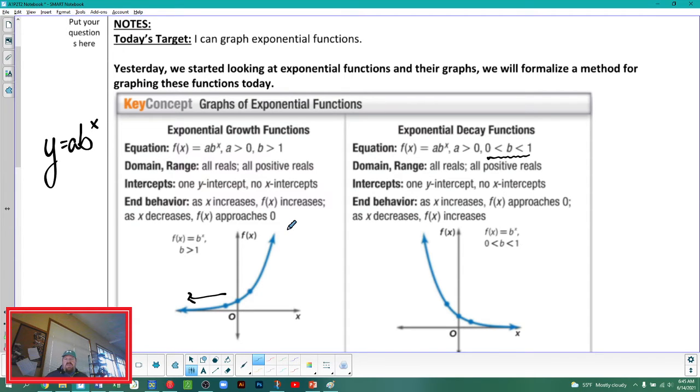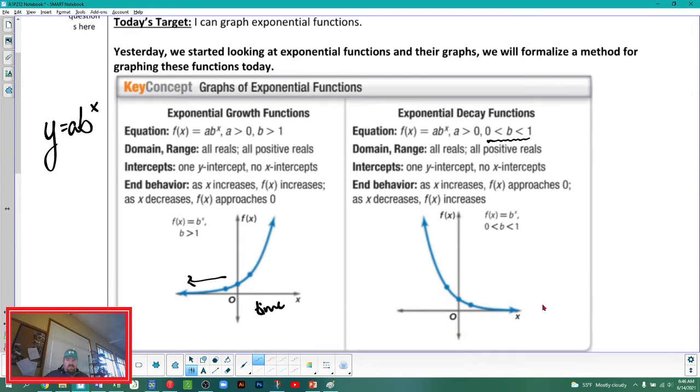So really all the rest is the same except the graph switches directions. This one we call exponential growth because as time goes on, if we think of the x-axis as time, the population increases drastically. In exponential decay, as time goes on, the amount left decreases, getting very close to 0.